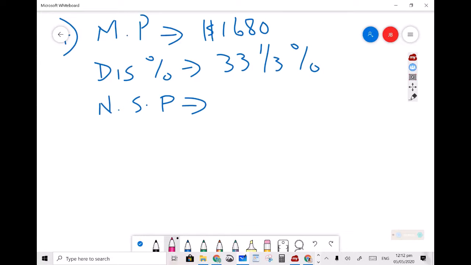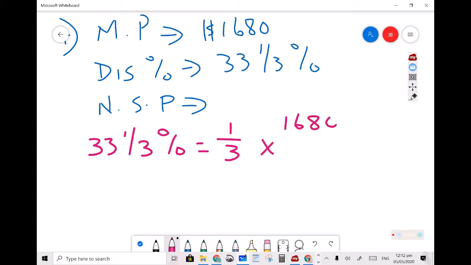Okay, so 33 and a third percent, the conversion for that would have been a third multiplied by 1680 over 1.